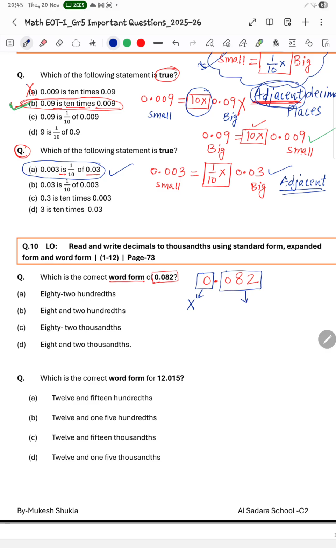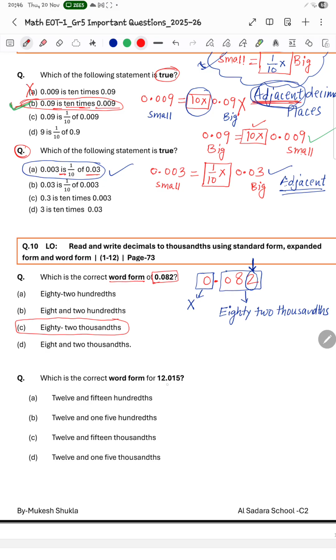This number is 82. So I will write 82. And now I will check the place of last digit. So the place of last digit is thousandths. So don't forget to write thousandths at the end. So my correct answer will be 82 thousandths. So 82 thousandths, this will be your correct answer.